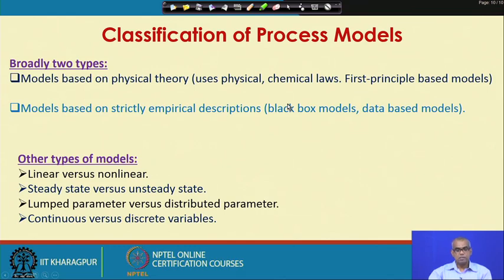Next, steady state versus unsteady state. Steady state means time invariant, that means the states of the system are time invariant or stationary. So, steady state models represent a process where the state of the system, that means the variables that describe the state of the system, are not changing with time.